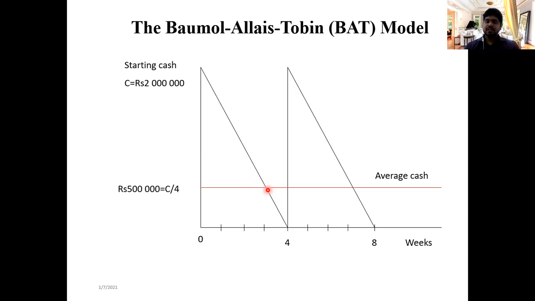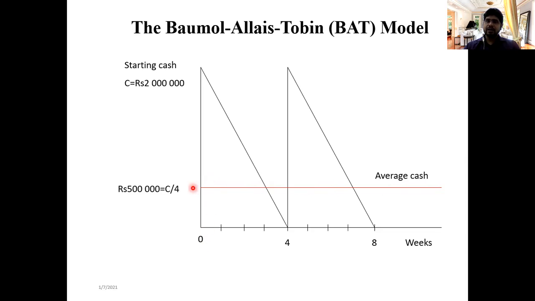We start to convert our securities, short-term investments, into cash, and once the cash balance comes close to zero, we start again with the initial amount. So it continues forever, and we have to maintain an average cash balance. It is not surplus money, not deficit, right? So we have to keep average money.